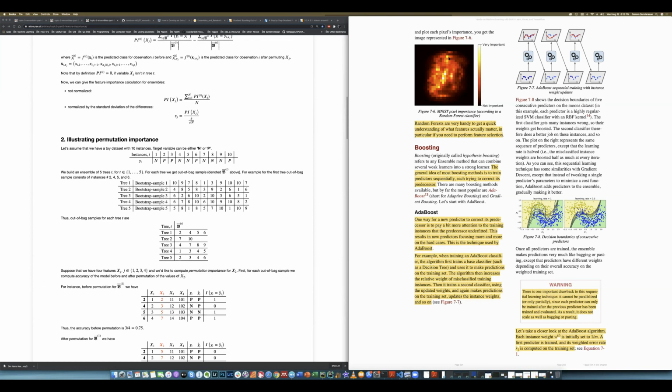This could either be a 0 or it could be an 8. I am not quite sure, but it seems like apparently these pixels that are yellow and white right at the center and maybe in some corner areas were very important in classifying this digit. That's what it's trying to say.